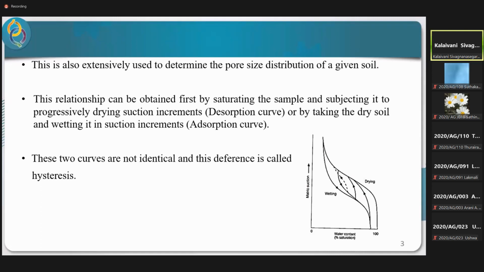If you saturate the soil, what will happen to the soil, or to the pores? The volume of soil will increase, no? Because all the pores will absorb the water. Am I correct?